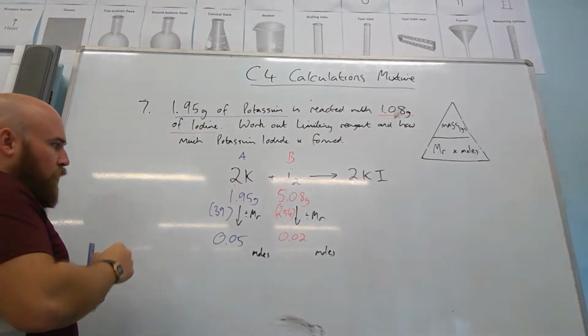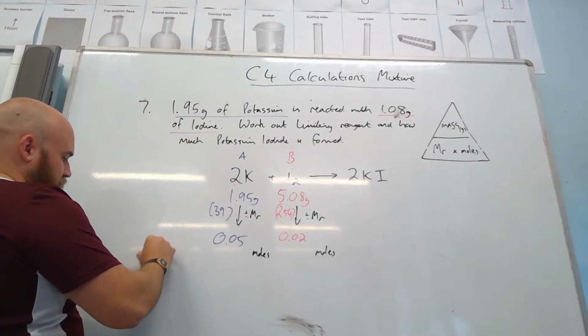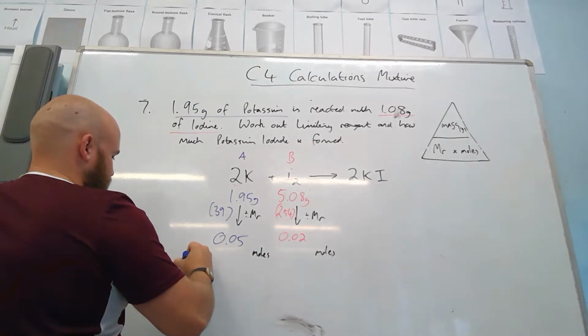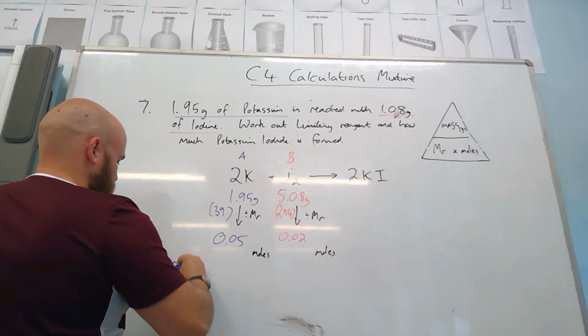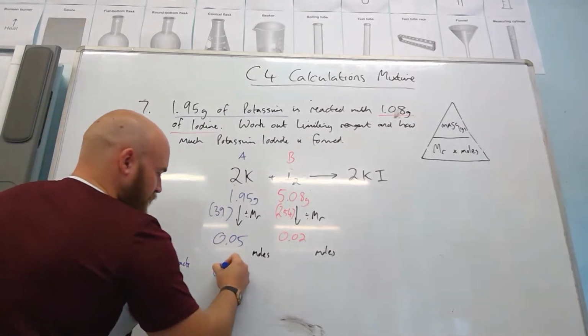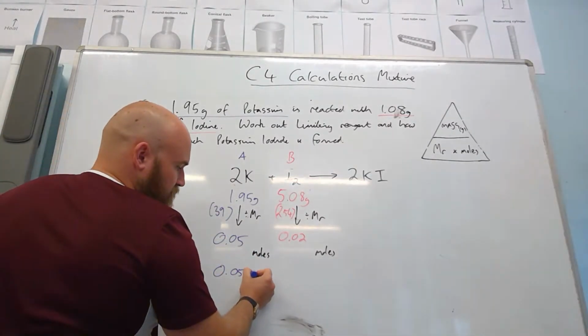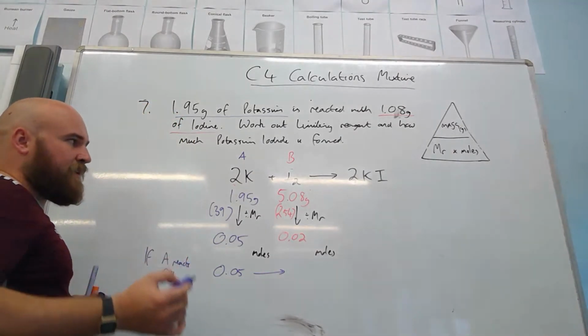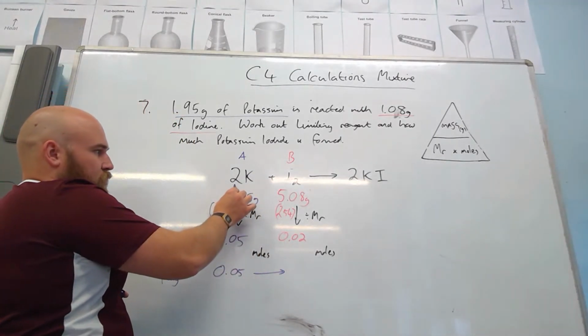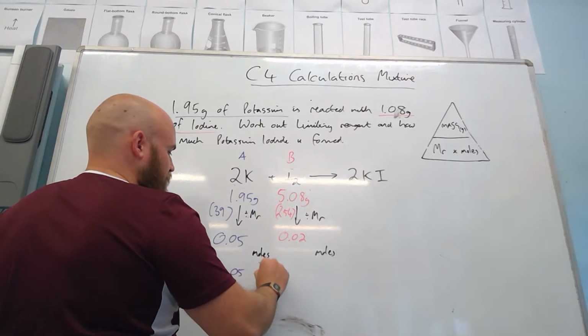Imagine if A reacts fully. So if all of this 0.05 moles was to react, how much of that would I need? Well, here's what we need, the ratio. It's a 2 to 1 ratio.